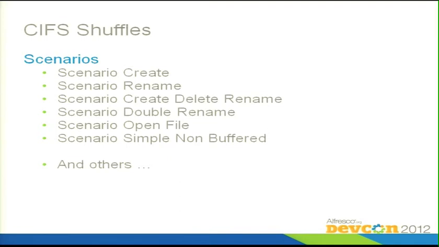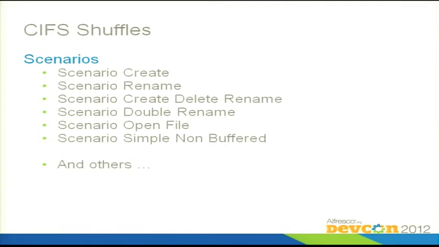That particular one is used, for example, for the editor VI, if anyone's old enough to remember it. When you edit a file in VI, it copies the file to a file with a tilde at the end, and creates a new file in its place. So that's the rename. And we've got another few scenarios.